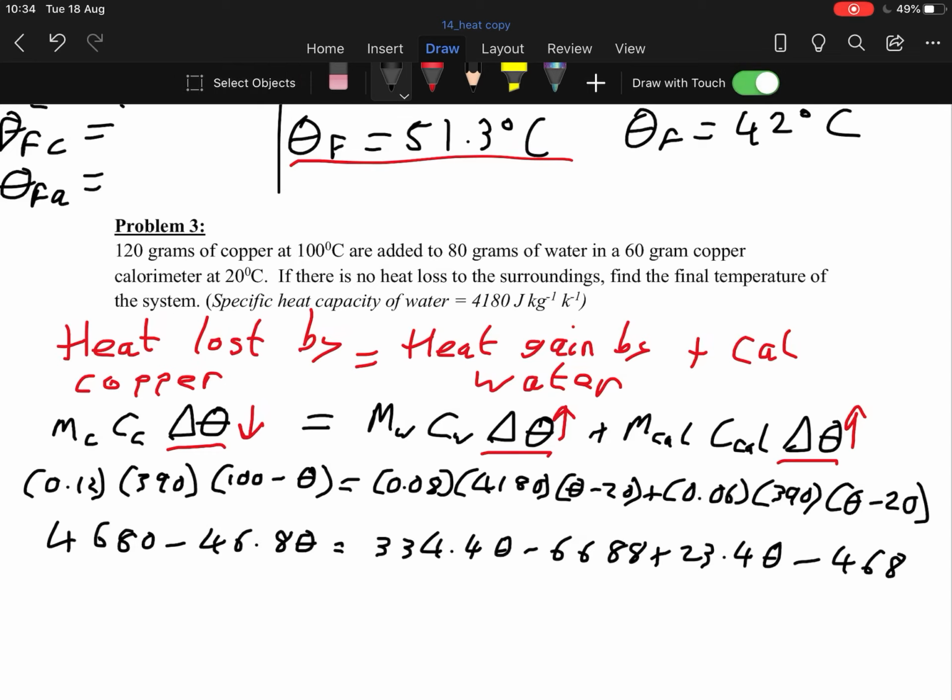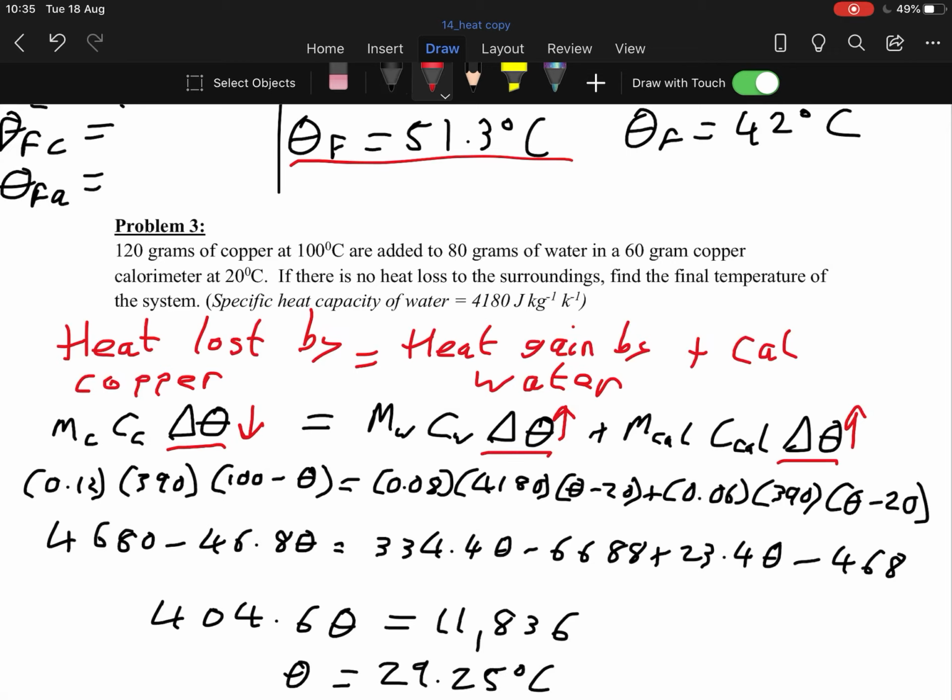So we bring all the thetas to one side and we bring all the numbers to the other, and that should work out to be 404.6 theta equals 11836. I'm skipping steps obviously, guys, because I'm cutting a bit of time. So theta should work out to be 29.25 degrees Celsius. Done. You see?